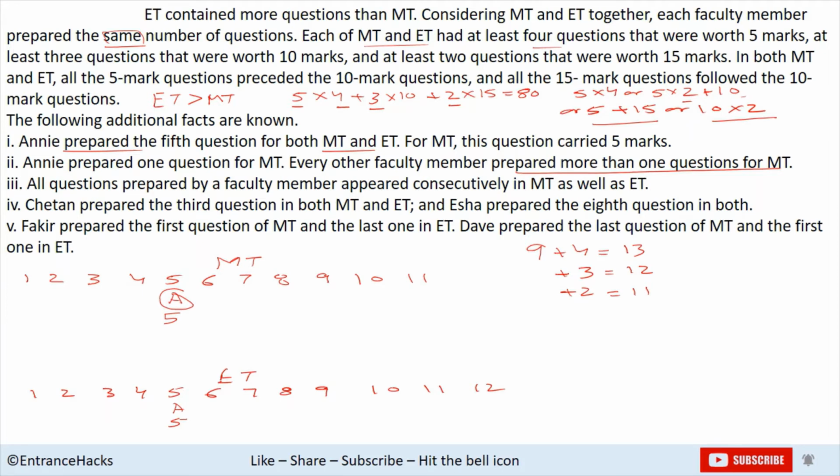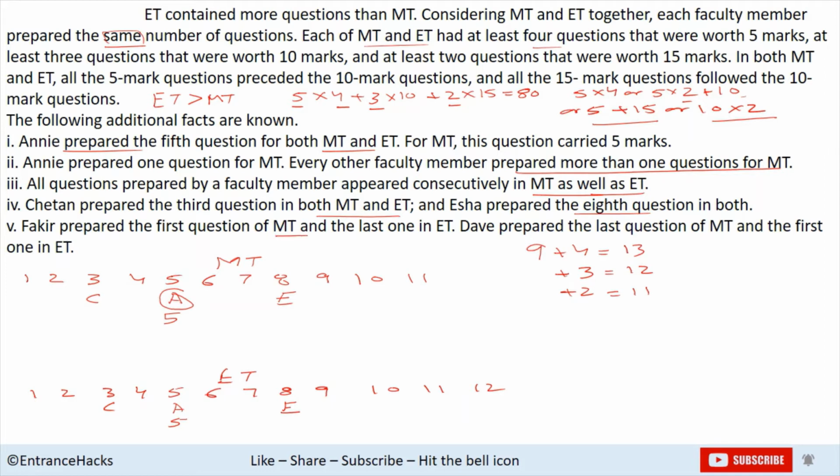All questions prepared by a faculty member appeared consecutively in MT as well as ET. Chetan prepared the 3rd question in both MT and ET. Chetan prepared the 3rd question here also and here also. Isha prepared the 8th question in both. It is Isha's question here and Isha's question here.